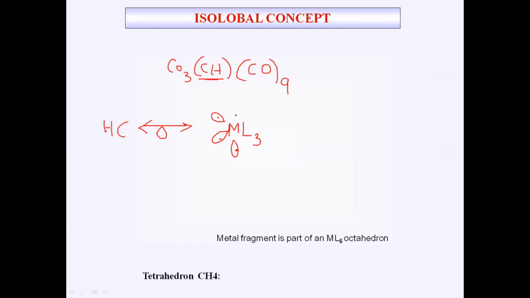Correct. So now we should know what is M and what is L3 in this aspect. Here, a ligand is carbon monoxide, therefore it is easy for us to choose carbon monoxide. L3 is 3 carbon monoxide. And what metal can we fit here? Basically it should be ML6.